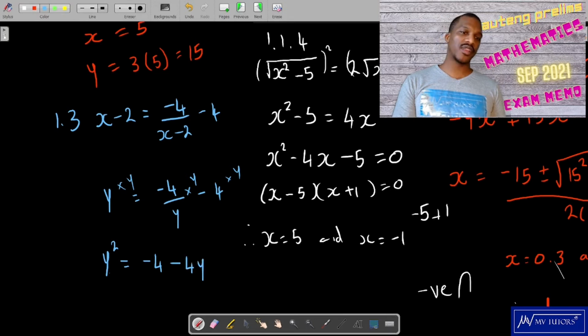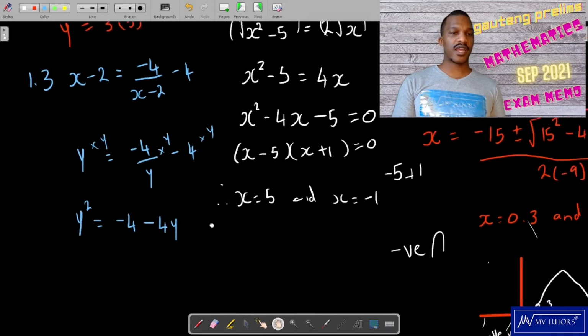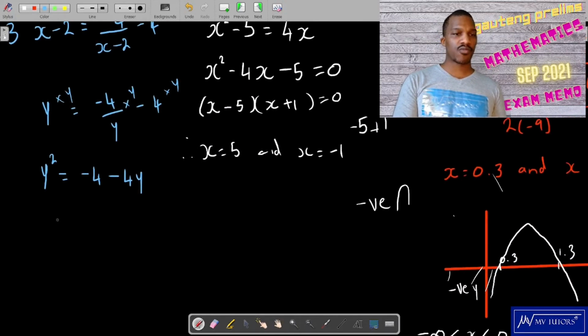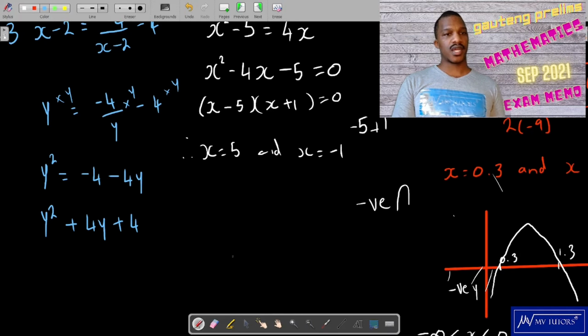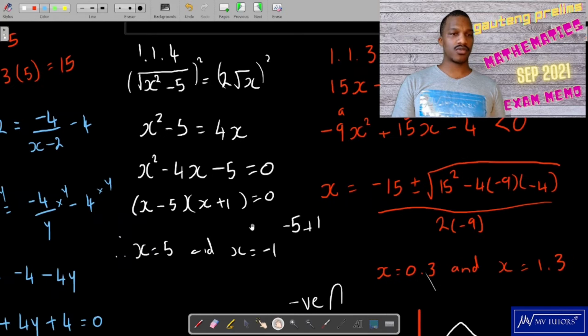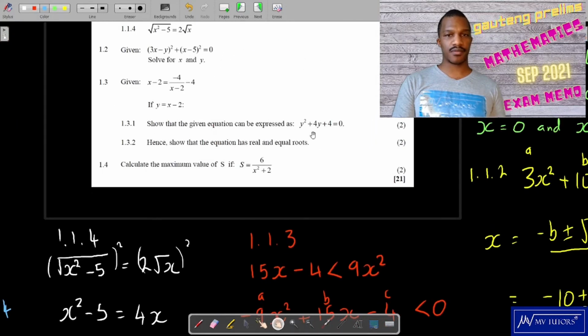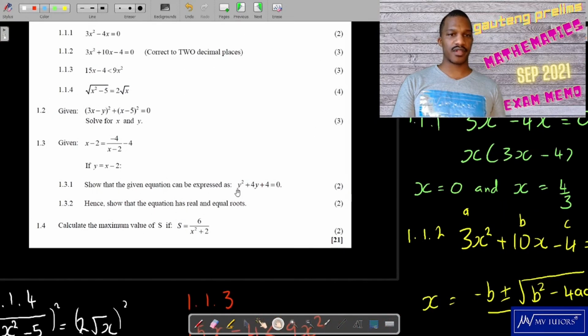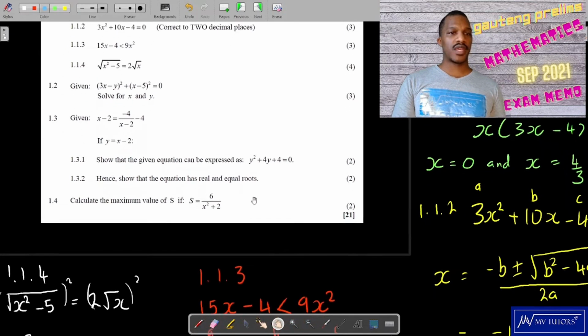So if I bring these to the other side of the equation, it becomes y squared plus 4y plus 4 equals 0. Now let's check if that's equal to what we're given. It's exactly the same. There we go.